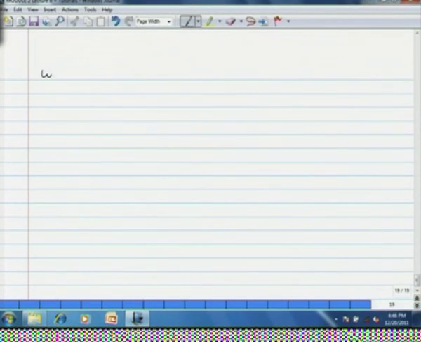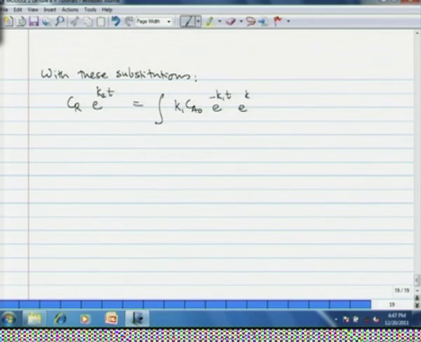With these substitutions, we get the expression Cr into e to the power k2t is equal to integral k1 into Ca naught into e to the power minus k1t into e to the power k2t into dt plus the integration constant, which is minus k1 Ca naught divided by k2 minus k1.